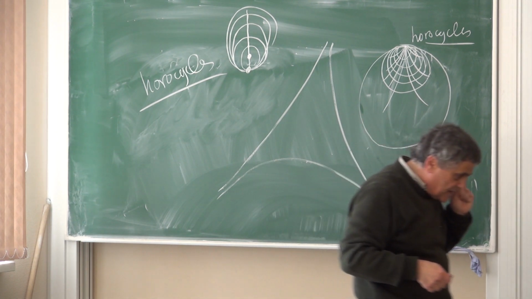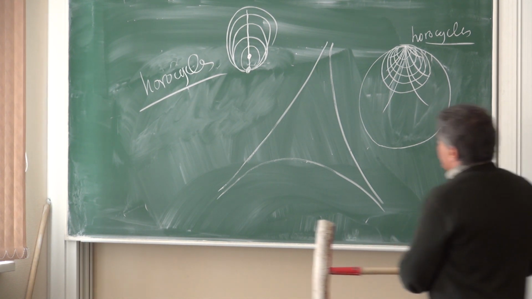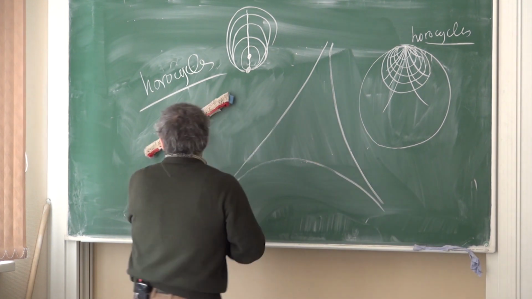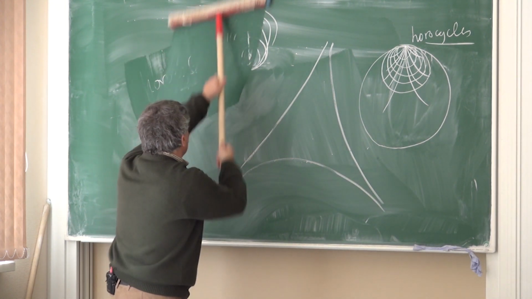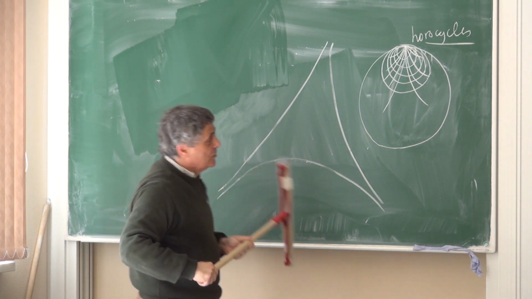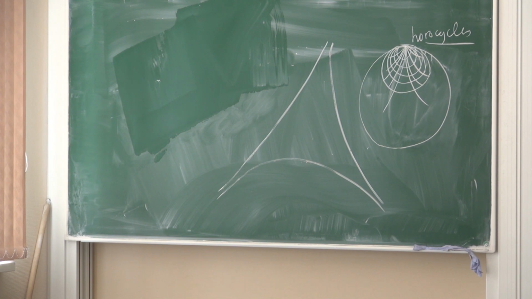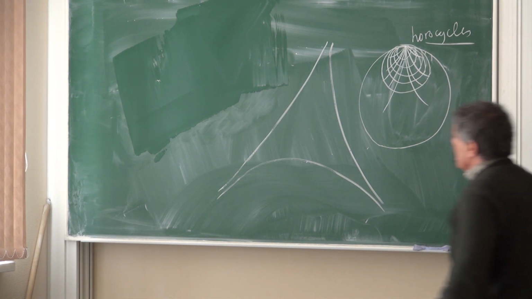Something also important to recall is that in hyperbolic geometry, up to hyperbolic isometry, there's only one ideal triangle.